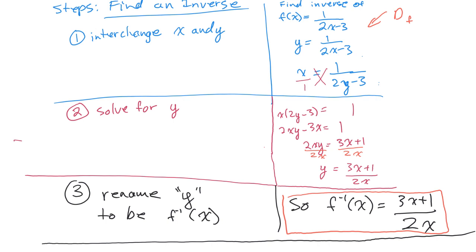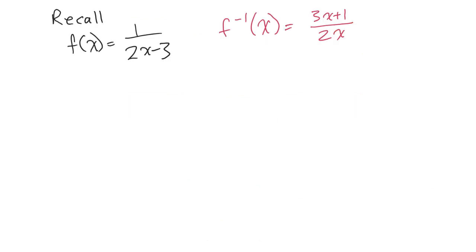Okay, so you know what we'll do? We'll go and do one more example on the next page with these two equations that we started with. So recall, before we found that f of x was 1 over 2x minus 3, and we found f inverse is equal to 3x plus 1 over 2x, right?